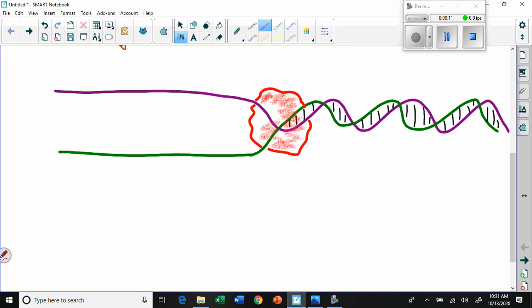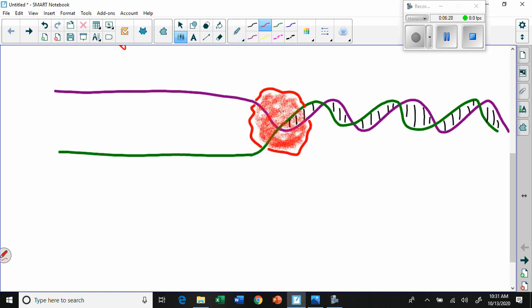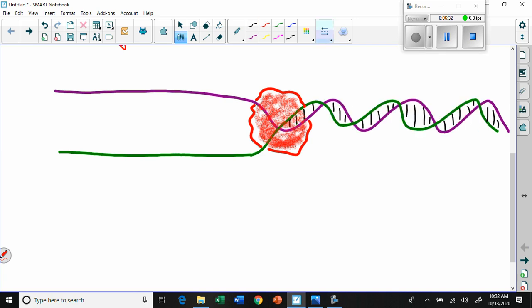So there's my helicase. It's wrapped around the DNA molecule. And as it moves along the molecule, it is opening up the strands. So it's obviously moving along this towards our right. Okay, so that's the unraveling molecule. Let's name it helicase.